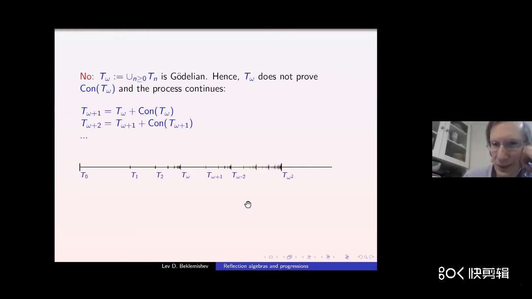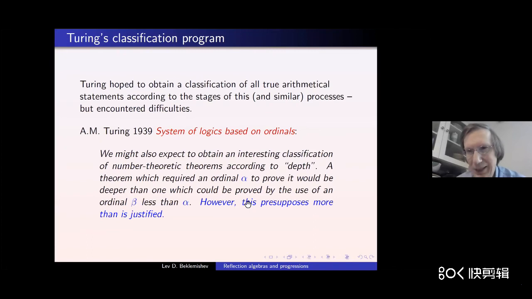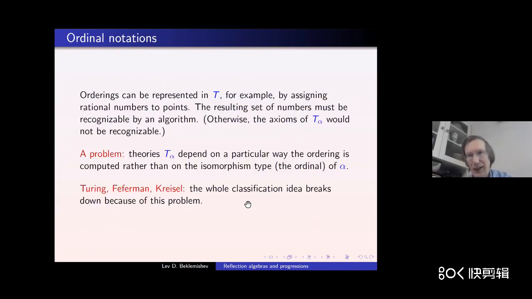And in fact, one can show, and this is easy computability theory, that any ordinal that is representable as a recursive or recursively enumerable or even arithmetical binary relation is isomorphic to a certain recursive subset of rational numbers.